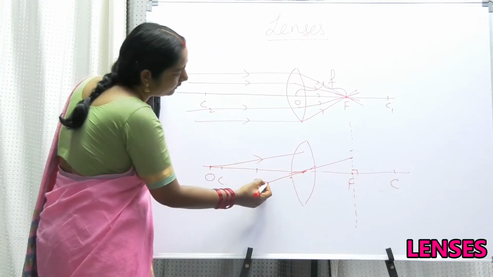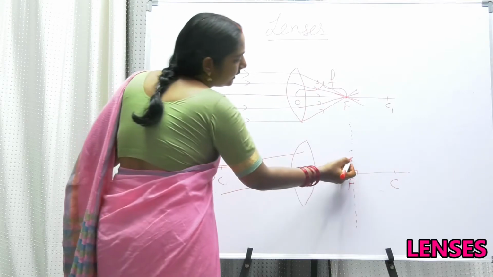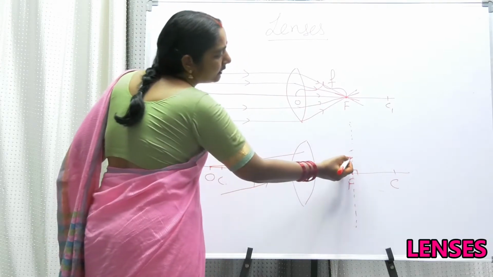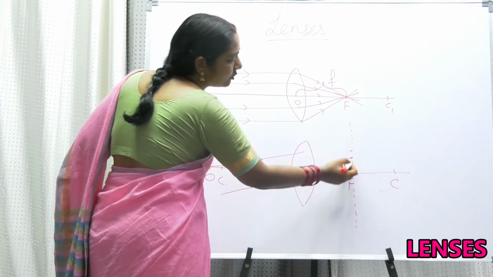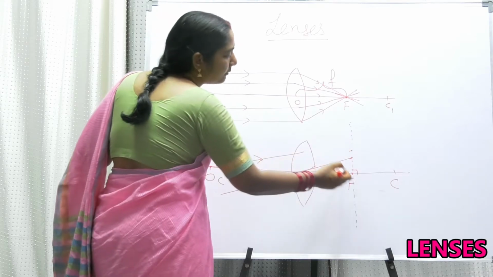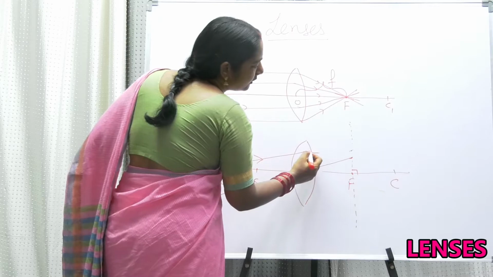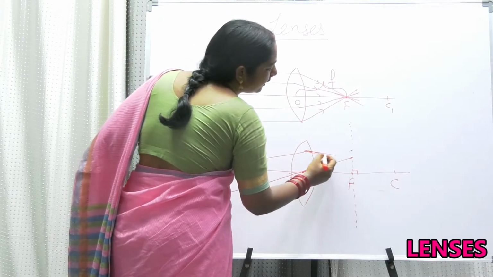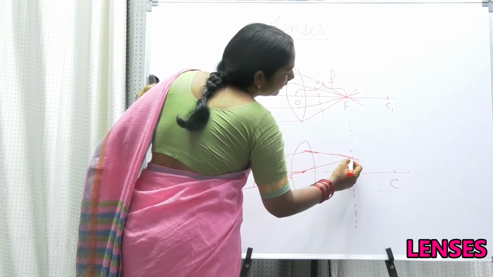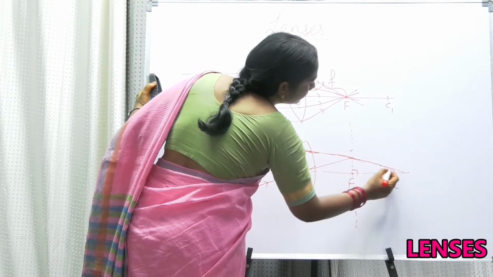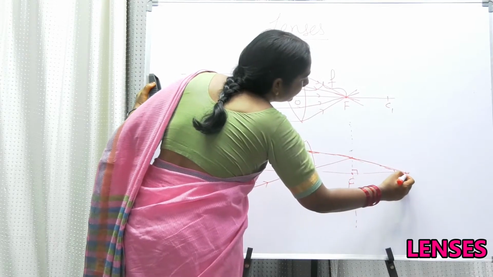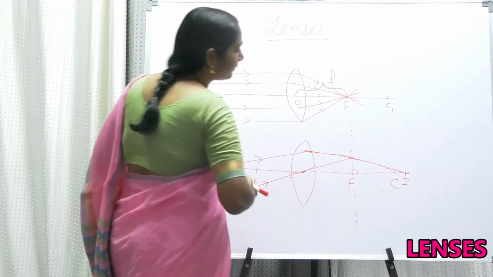These two are parallel. Now this is cutting the normal drawn at the principal focus at this particular point. Now this line must cut this. Now you have to draw a straight line. So wherever it cuts this axis, here the image is formed.